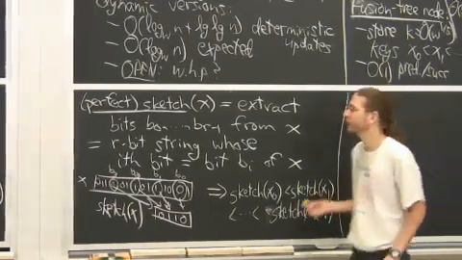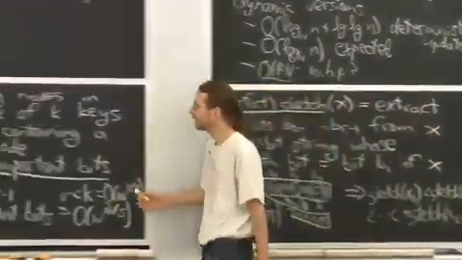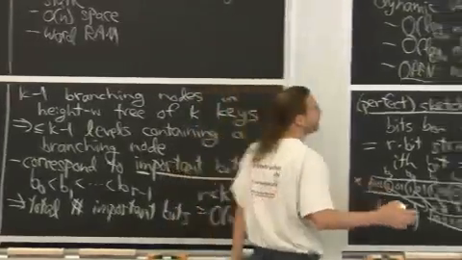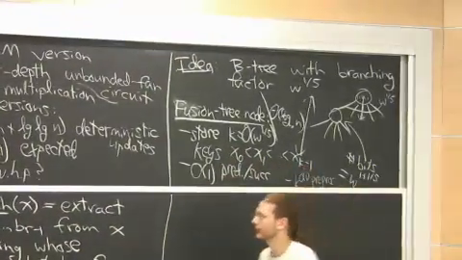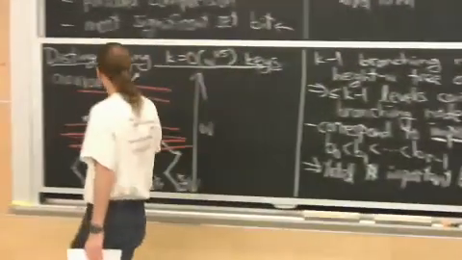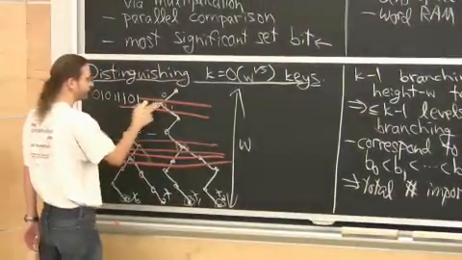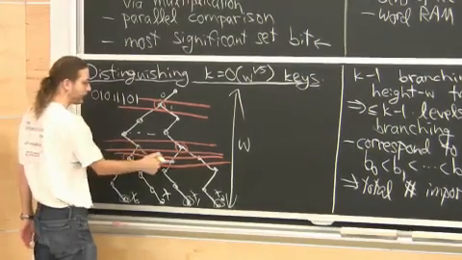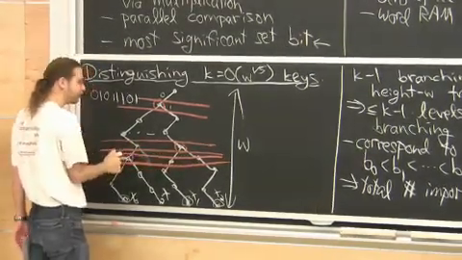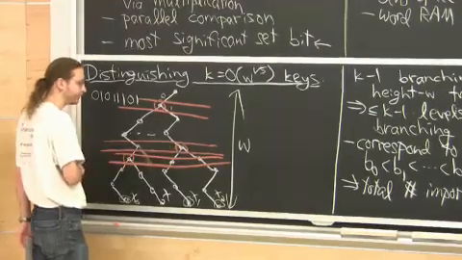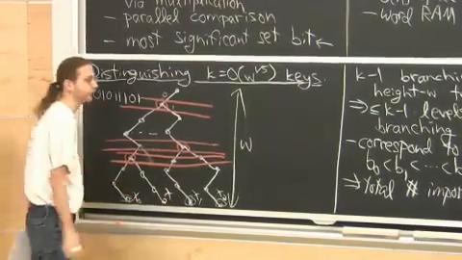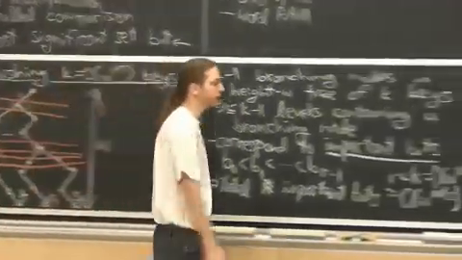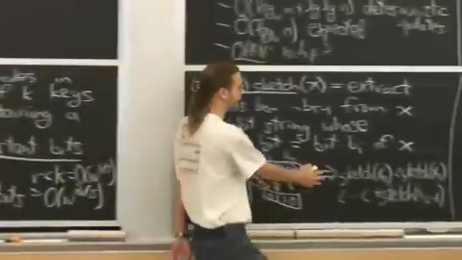Okay, sketch preserves order. We assumed that, over here, x0 is less than x1 is less than xk minus 1. And because we're keeping all the bits where these xi's get distinguished, it doesn't matter whether we kept these guys, but in particular we keep the bits that have all the branching nodes, that will preserve the order of the xi's. So we know that the order of the xi's is preserved under sketching.